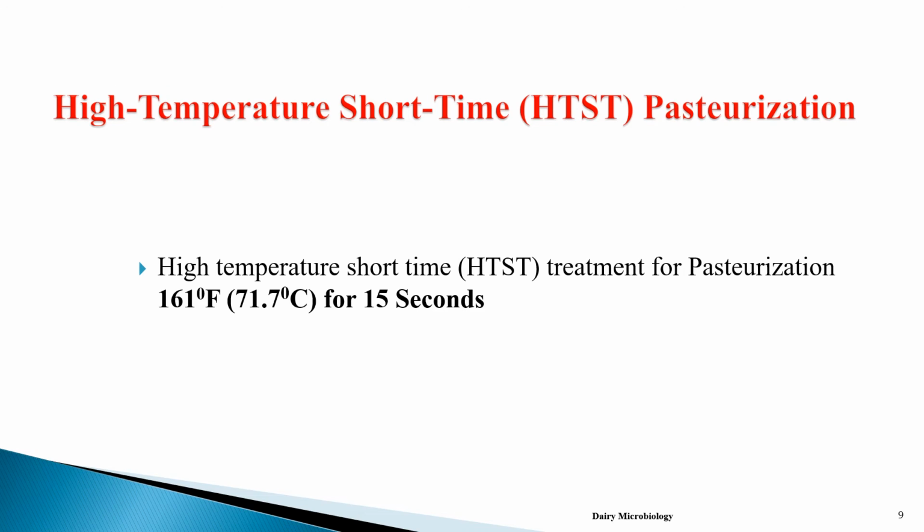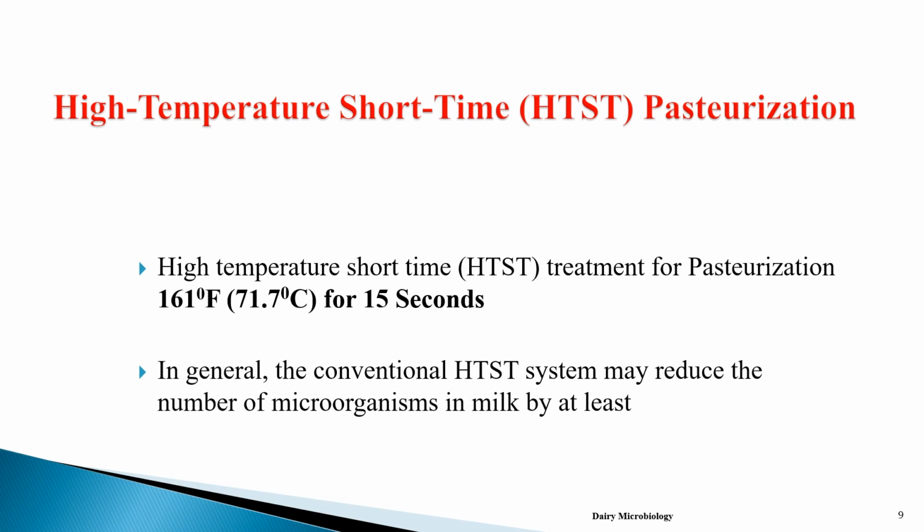The complete process of preheating, heating, holding, pre-cooling and chilling is completed in a plate-type heat exchanger with interconnected sections to make the process continuous. In general, the conventional HTST system may reduce about 90 to 99% of the microorganisms present in milk.